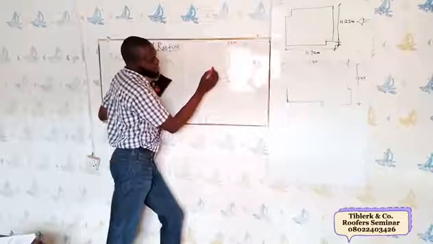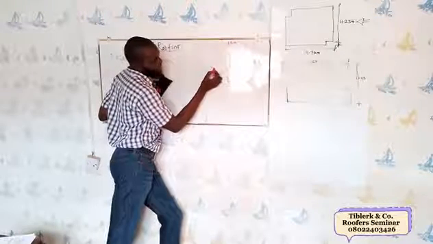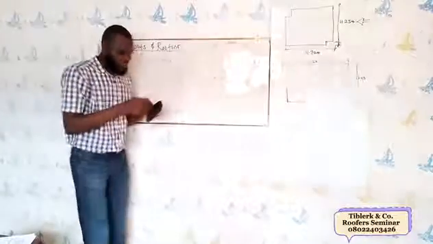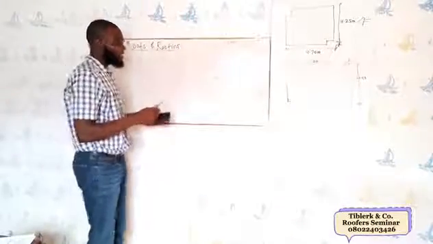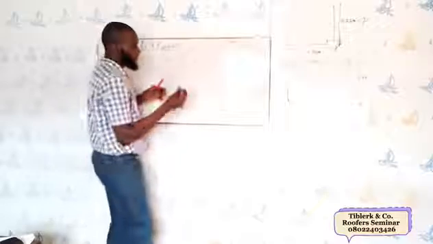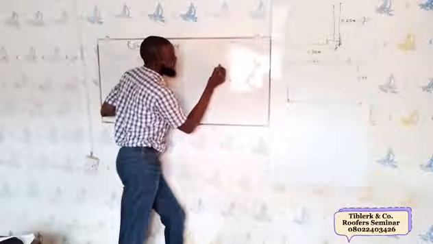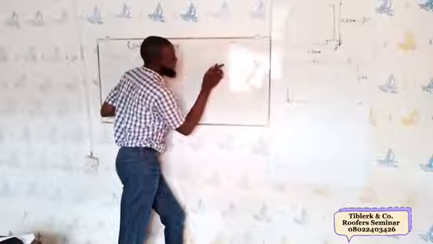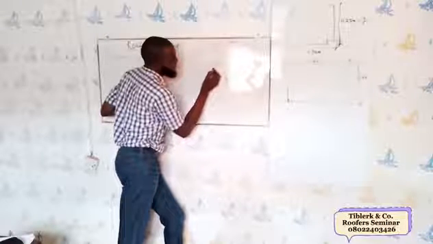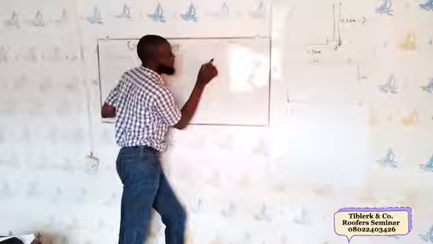Now, there must be a gutter here. Let's denote the gutter with our black marker. So there must be a gutter here. And we see here too, another gutter.